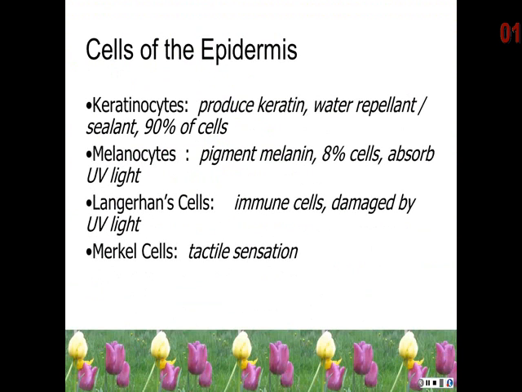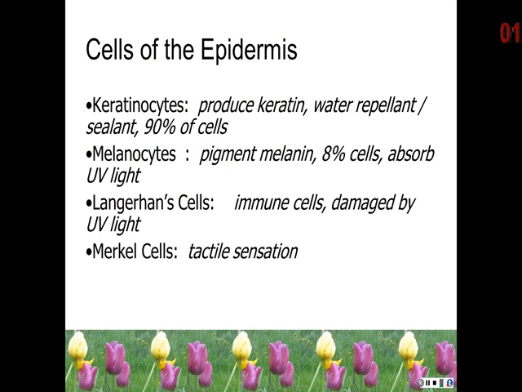There are four main types of cells in the epidermis. Keratinocytes are 90% of the cells. They help to seal the skin and act as a water repellent because they produce the protein keratin. The melanocytes are 8% of the epidermal cells and produce the pigment melanin. Melanin helps to absorb UV light and gives the skin its color.